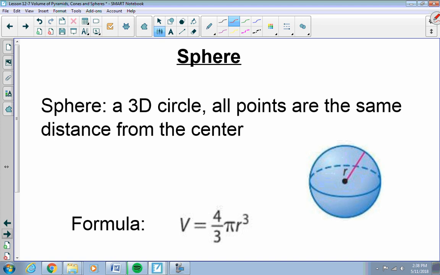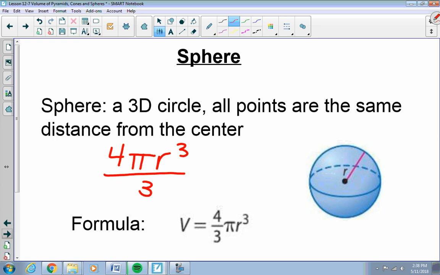Oh, I'm going to change this formula again for you to make it easier so you don't have to worry about the fraction. This is the formula I'm going to have you use: 4 pi radius cubed divided by 3. Do you want to do 4/3 on your calculator?